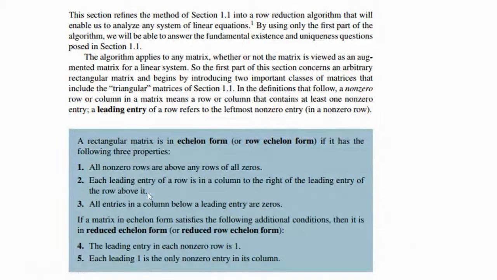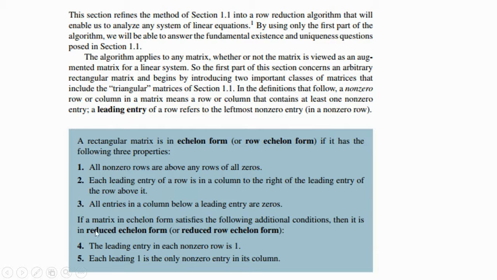That means you're making it like a stair step. The leading entry in a row, as in the definition, is the leftmost non-zero entry. You are going down stair steps, which means you're getting it into an upper triangular form. Third, all entries in a column below a leading entry are zero. These last two really say it's upper triangular.